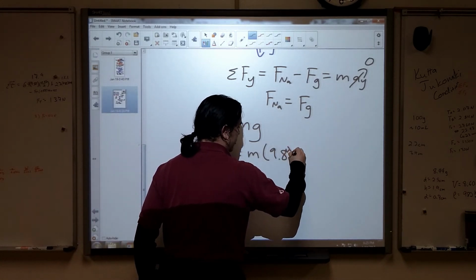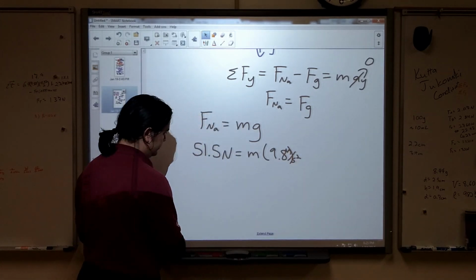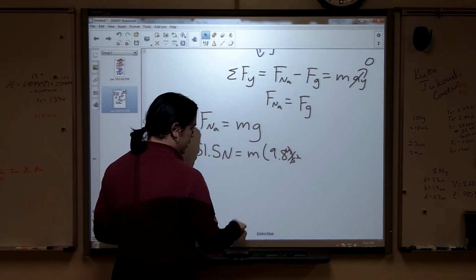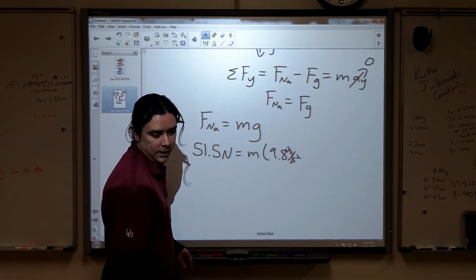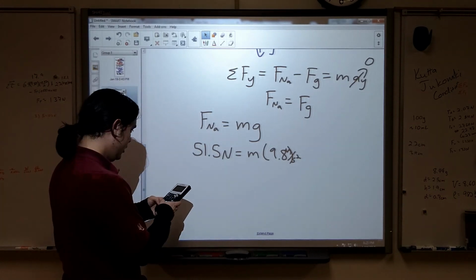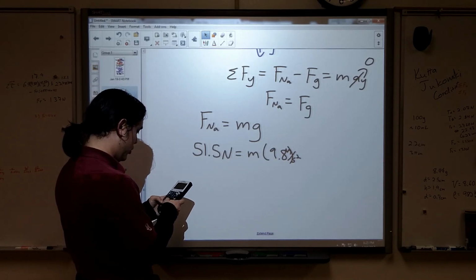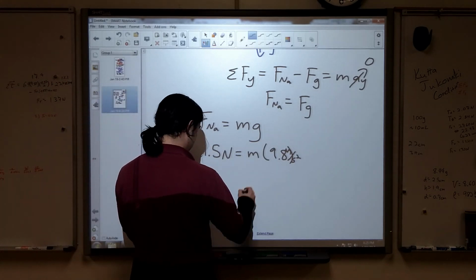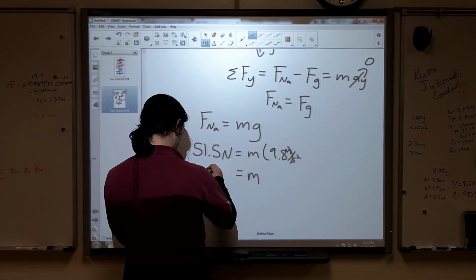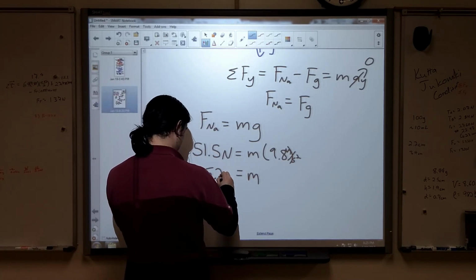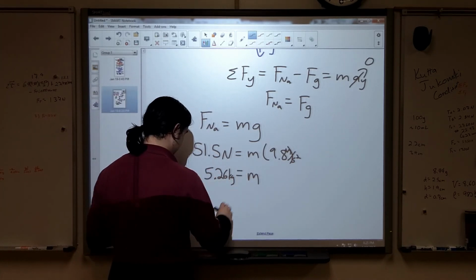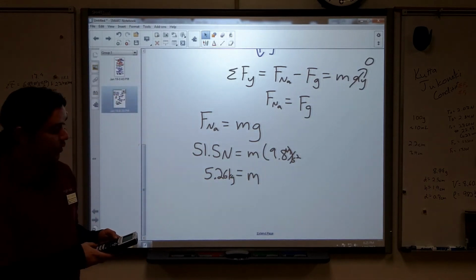That'll be fine. I'll divide both sides by 9.8. 51.5 divided by 9.8, my mass is going to come up to 5.26 kilograms.